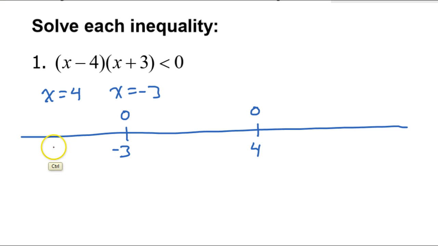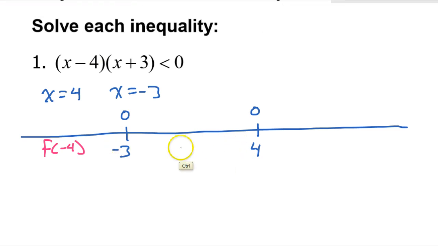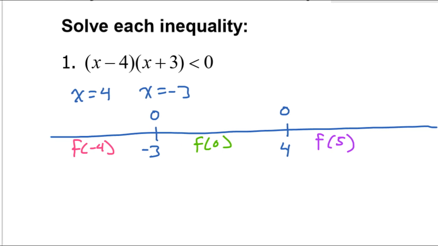In this first interval, I could check the value of the function at -4, for example. A nice value between -3 and 4 is 0, so I could check the value of the function at 0. To the right of 4 is 5, so I could check 5. So let's check each one of these in the original inequality and see if they work.